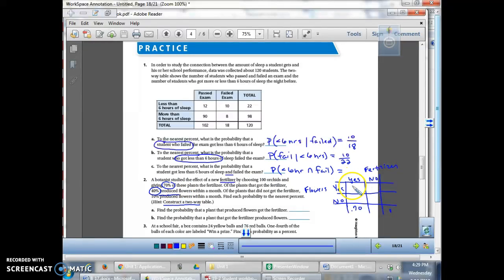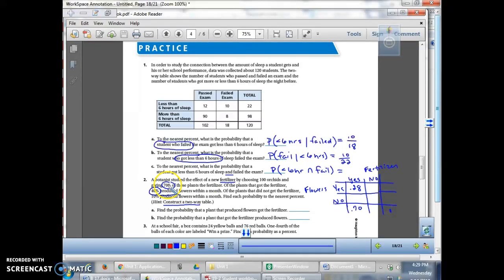So I need to find the number that goes right here. So I could almost use my formula, which I know that if I multiply 0.4 times 0.7, it should give me this amount. So I'm simply doing 0.4 times 0.7 in my calculator, and I get 0.28.